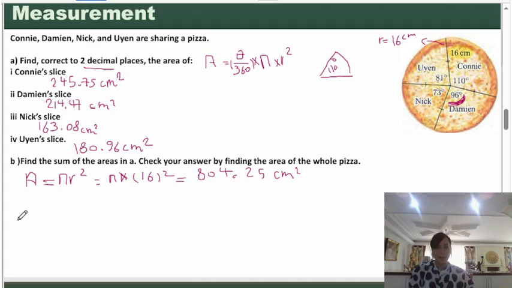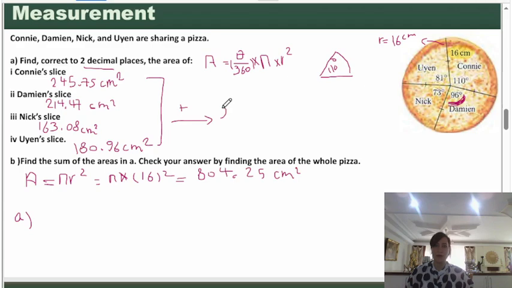And for part A, if I add all these values up, I say 245.75, and for this part 214.47, and here 162.08, and here 180.96.